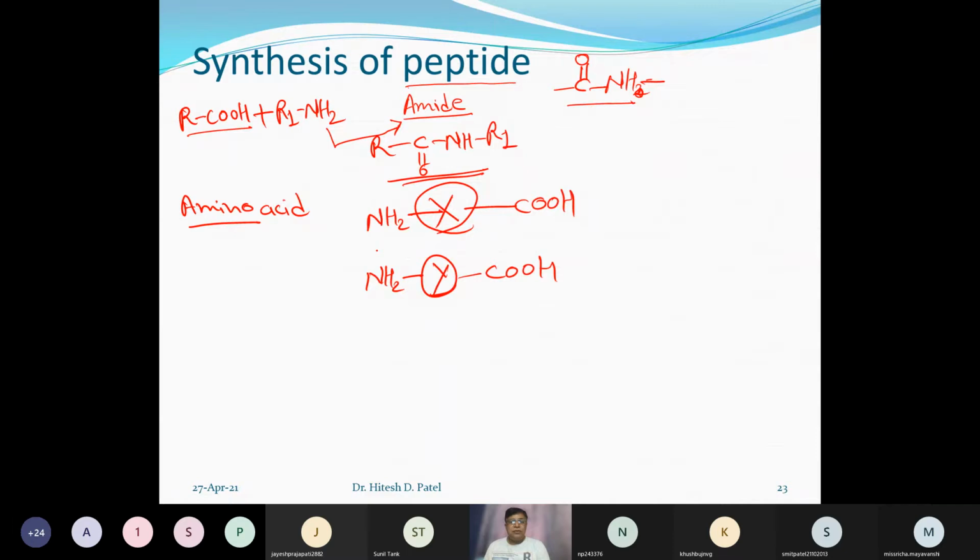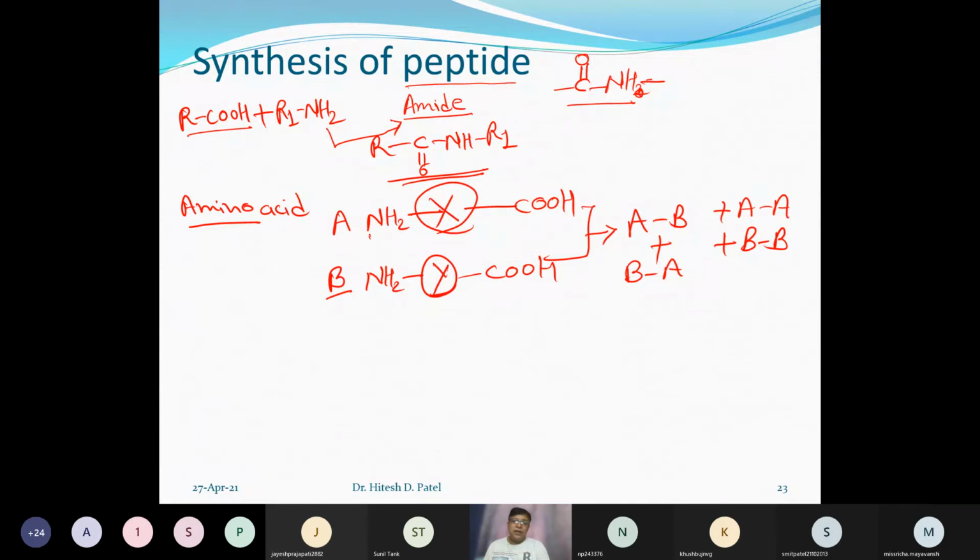So these types of compounds are known as amino acids. Now we are having A amino acid and B amino acid. Now if we go for the reaction of amino acids, the products will be AB plus BA plus AA and plus BB. This will be formed.